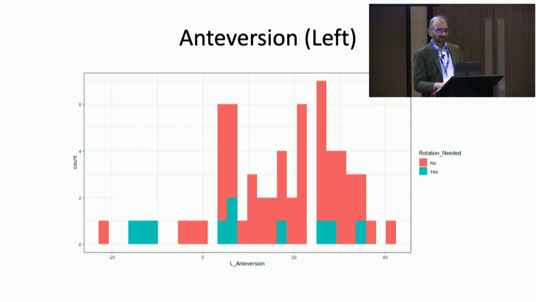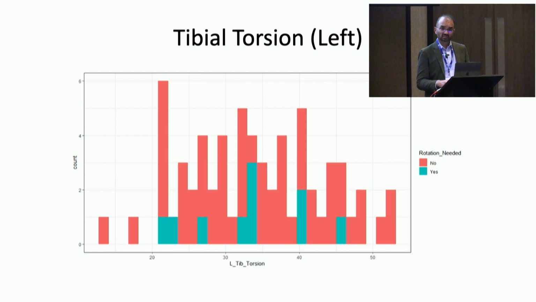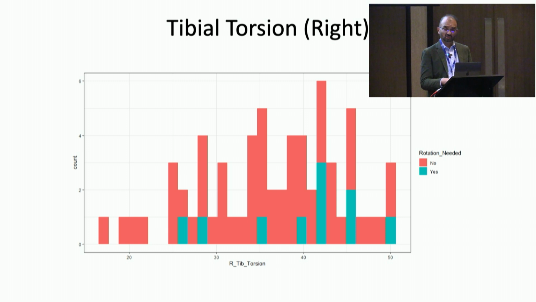So that's the right, that's the left. Again, there's no pattern to the amount of anteversion and the need for derotation identified from gait studies. Tibial torsion, again, no pattern with a particular amount of tibial torsion and gait study recommendation for surgery. So that's the left and that's the right.